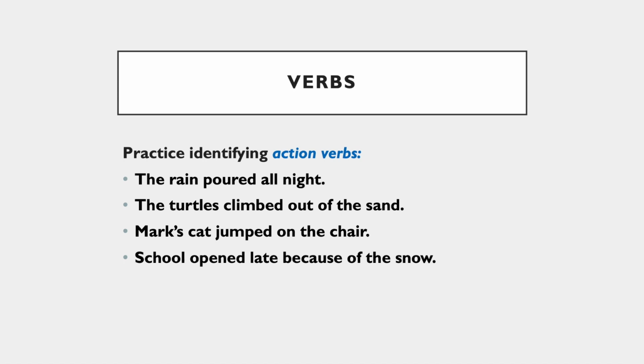School opened late because of the snow. Sometimes it's helpful if you first find the noun of the sentence, or the subject, the noun that's the subject. So, like in the first sentence, rain would be the noun, the subject.